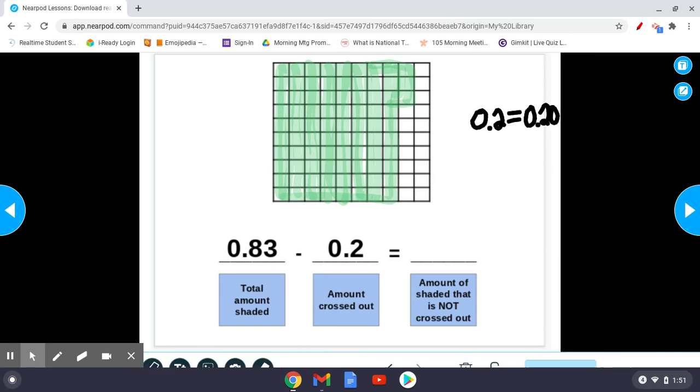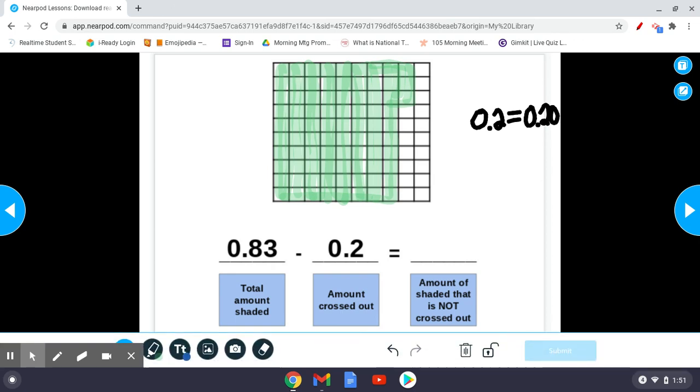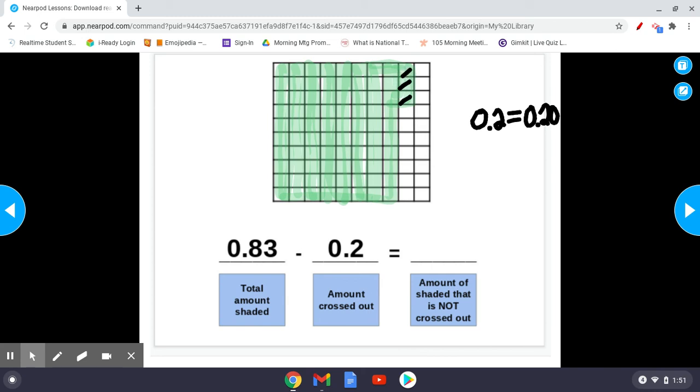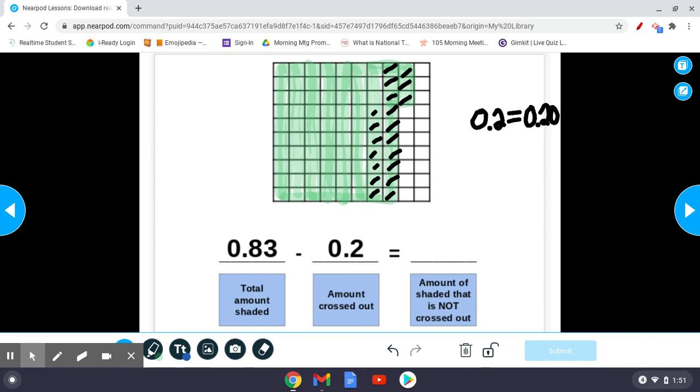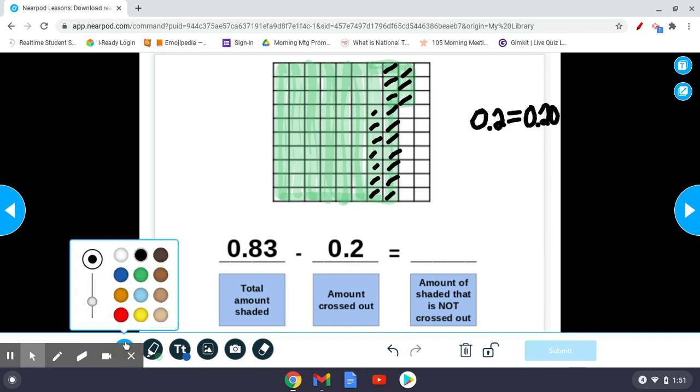So I need to cross out 20 boxes. 1, 2, 3, 4, 5, 6, 7, 8, 9, 10, 11, 12, 13, 14, 15, 16, 17, 18, 19, 20. So you can see I started with 83 hundredths. I went ahead and I crossed out 2 tenths, which is equivalent to 20 hundredths.